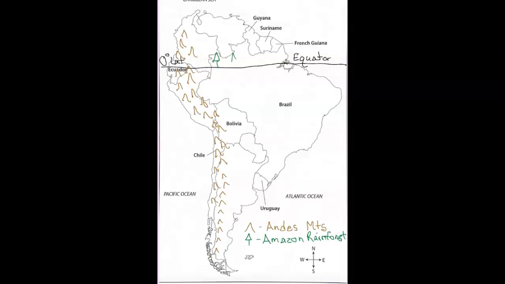So I'm going to start making my trees right in here to show that it's in that general area. And you can see it kind of runs into the Andes mountain range. And it goes all the way to the eastern coast. So big area for the Amazon rainforest, and it goes down into Bolivia.